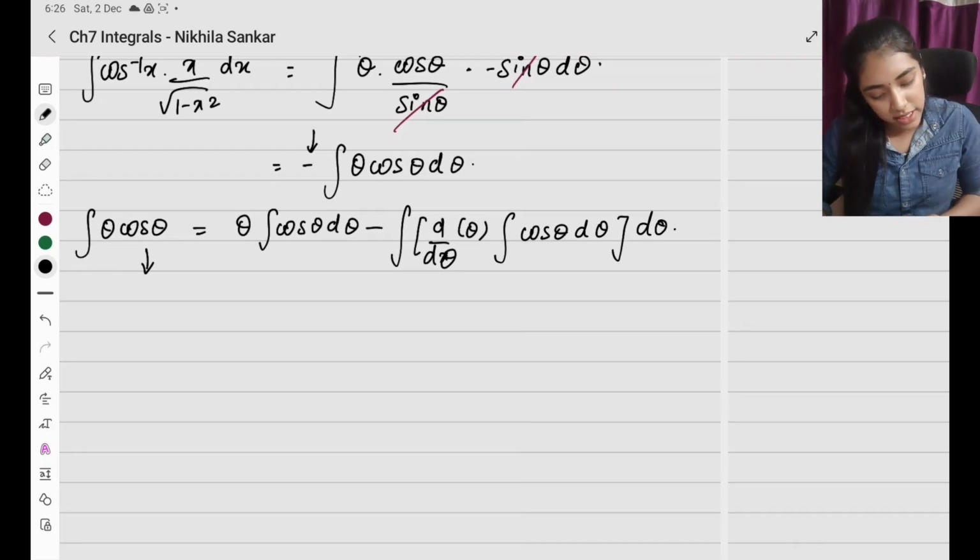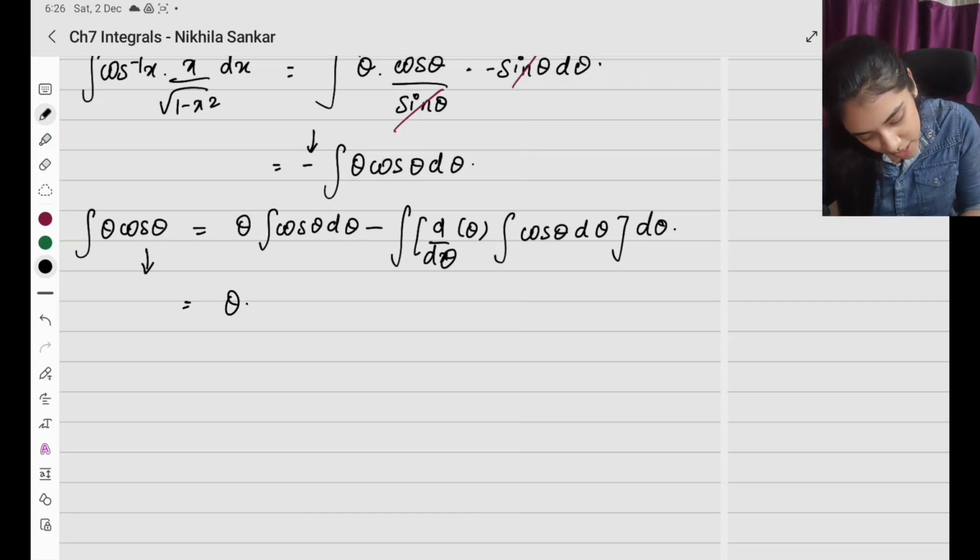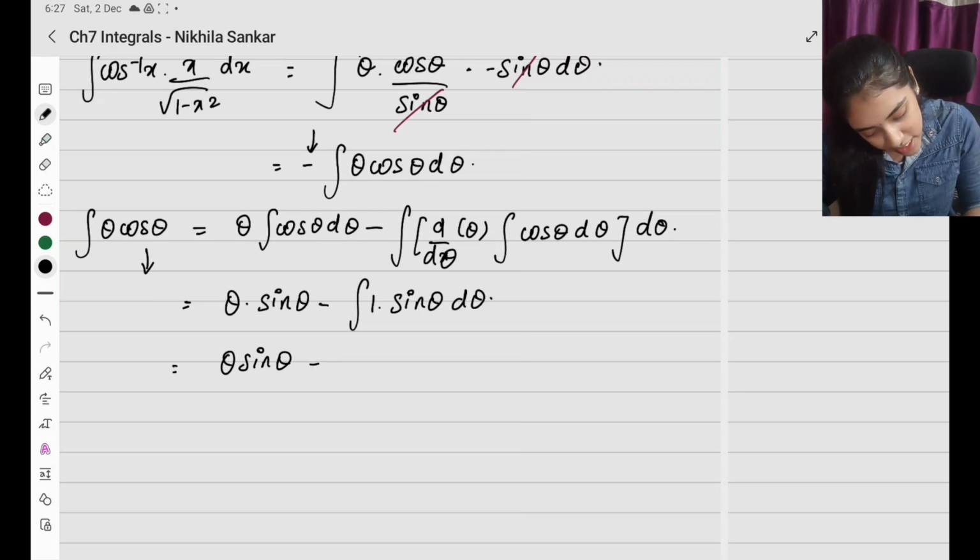for the big integral d theta. So this is theta times the integral of cos, which is sin theta, minus the integral of 1 times the integral of cos, which is again sin theta, times d theta. So this is theta sin theta minus, for sin theta the integration is minus cos theta. So this is theta sin theta plus cos theta.